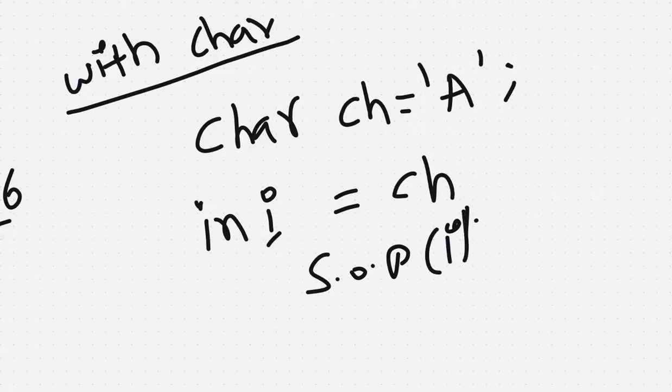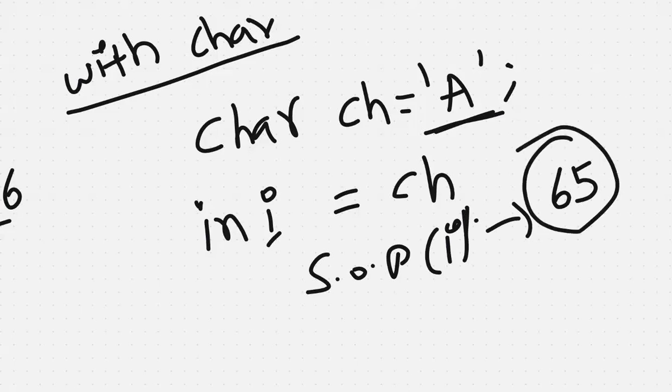It will print 65, because this is a character converted into an integer. The value of 'a' gives the integer value 65. This is called the ASCII code.